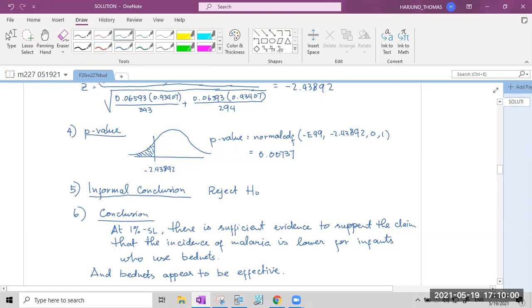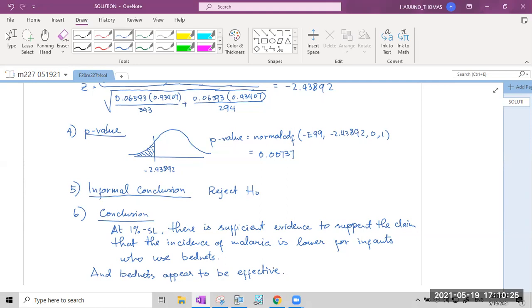But of course, from the statistic, we also see that bed nets, even though they are effective, it doesn't mean nobody will get malaria once you use bed nets. No, it's not effective in that sense. The vaccine is not said to be effective because nobody will get COVID after that.